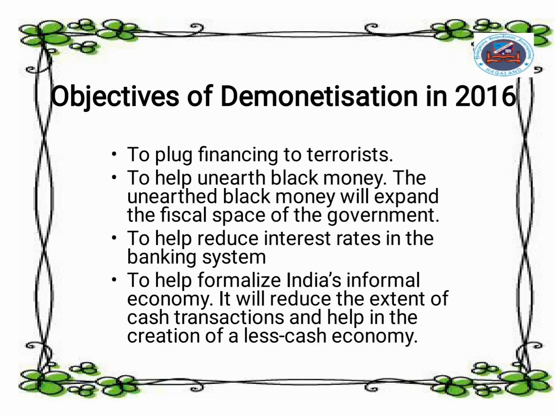So, some of the objectives of demonetization in 2016 are to block out financing to terrorists, to help unearth the black money. So, this unearthed black money will increase the finances of the government, that is, the fiscal space of the government, to help reduce interest rates in the banking system, and it also aimed to help formalize India's informal economy.